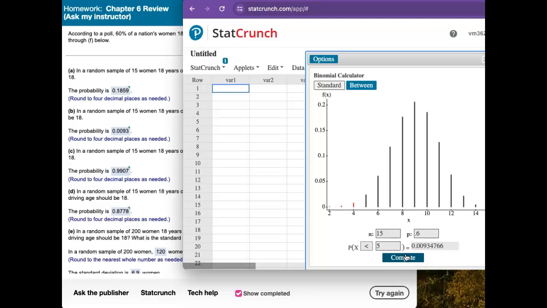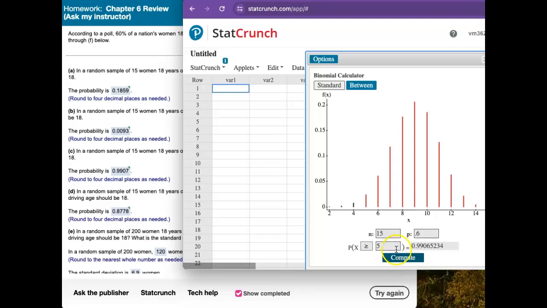And then in the next question, still have the sample size 15, probability of success is 0.6, and this time we're looking for greater than or equal to 5, and we click compute, and that's going to be 0.9907.